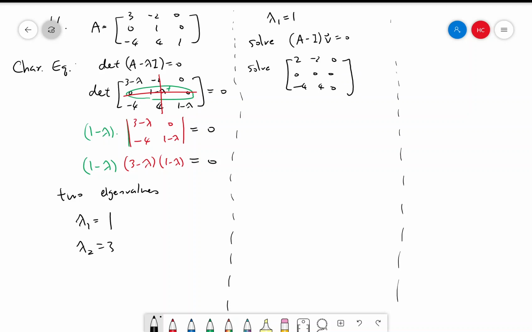Notice that the third row is pretty much the same as the first row, so it doesn't count. The second row is all 0, so it doesn't count. So all the conditions we have is that 2v1 minus 2v2 equal to 0, which means v1 is equal to v2, and v3 is free.